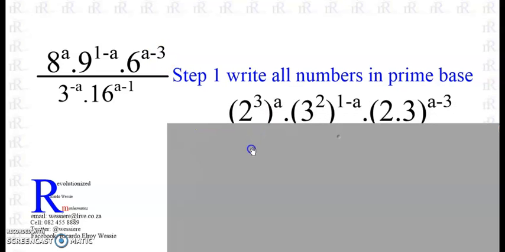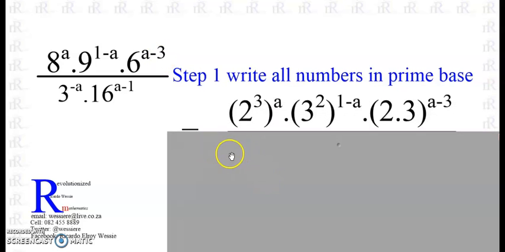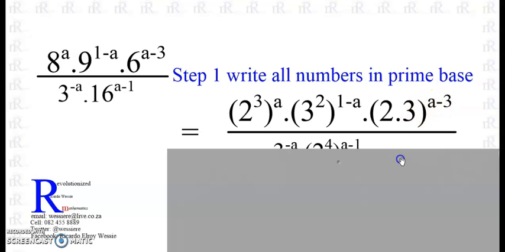So firstly, on top, we have 2 to the power of 3. That's that guy. 3 squared is that guy. And 2 times 3 is that 6 that we are referring to. Now remember, when 2 bases are raised to a power, each of those 2 bases must be raised to that power. Okay? Don't forget that one.